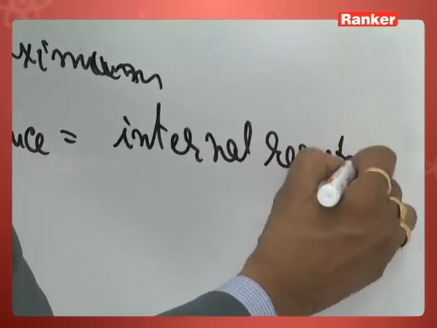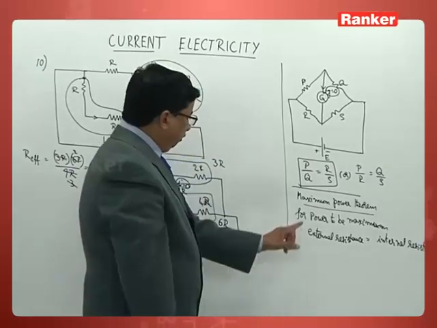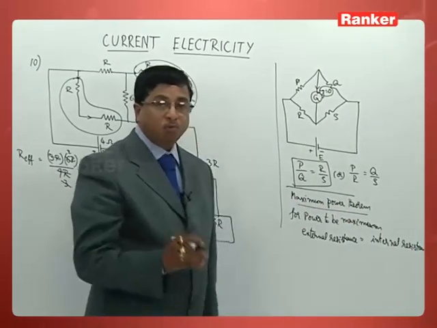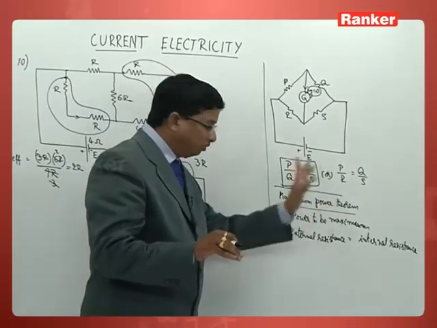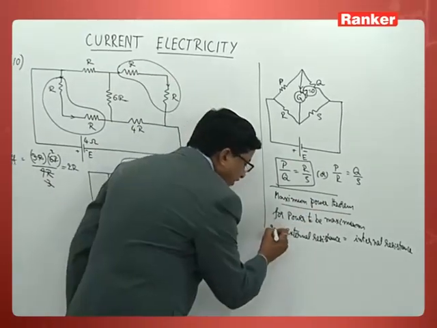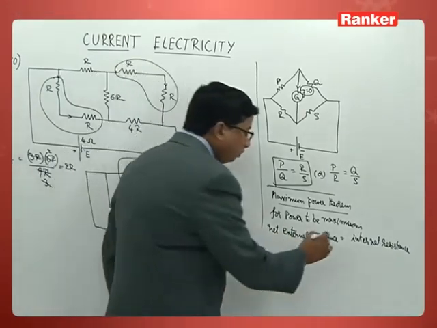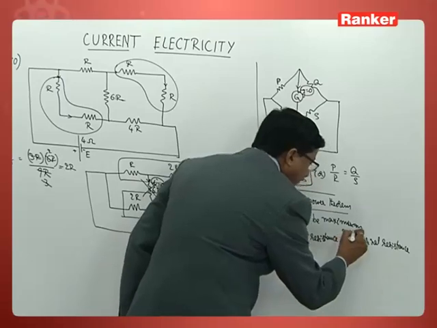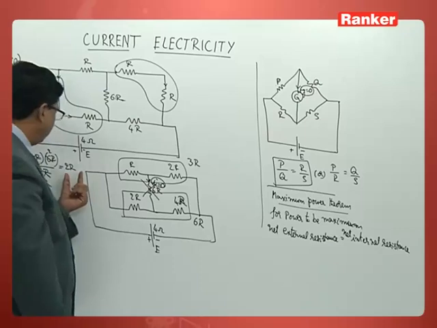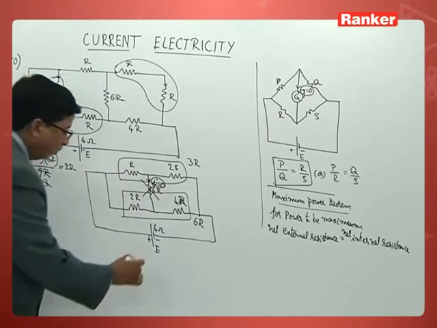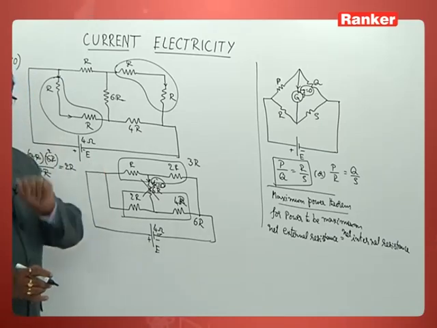Observe this particular concept carefully. Maximum power theorem, what does it say? For power to be maximum, net external resistance must be equal to net internal resistance of the cell. Now what is net external resistance? 2R. What is internal resistance of the cell given? 4 ohm.